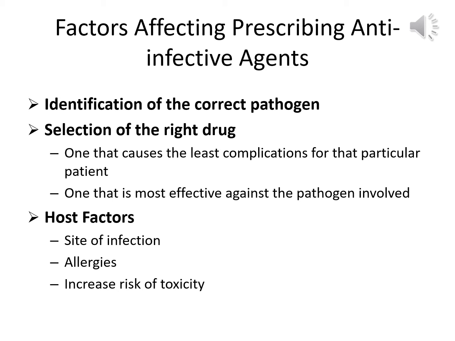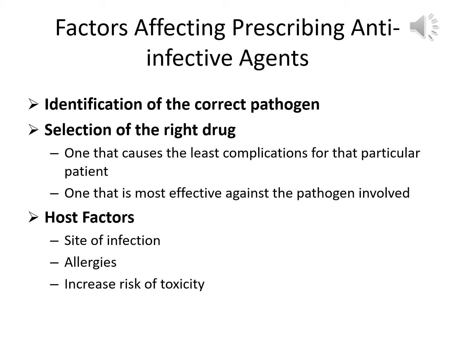The next one is, we're going to select the drug based on that pathogen, and again, there are going to be multiple different drugs that we can decide to use for that particular pathogen. And so now we need to start looking at patient factors and saying, which one causes the least amount of problems for the patient and would have the best benefit?